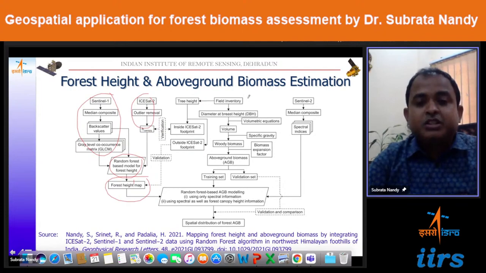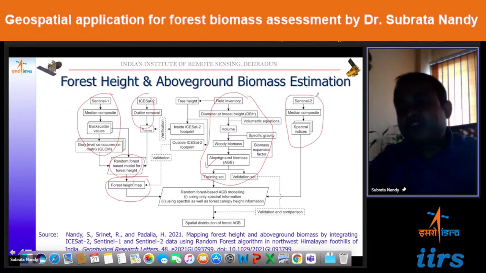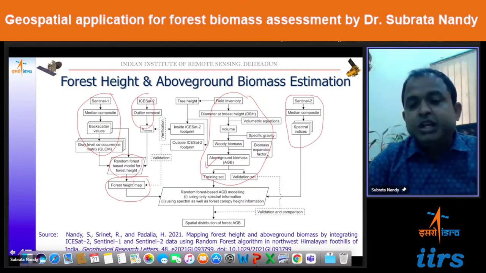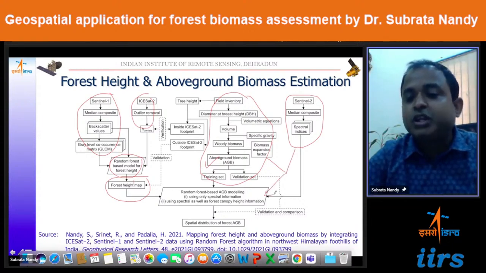This is the field inventory data, from which we get the biomass, which is the dependent variable, and from Sentinel-2 we took the spectral information. Integrating these two, again using random forest modeling, we got the biomass.